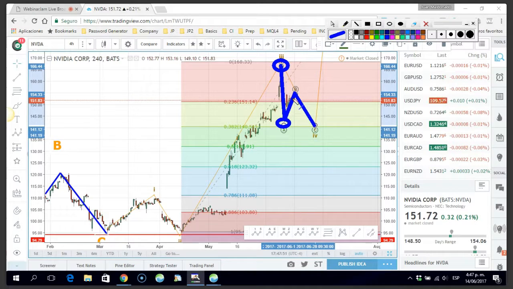So once we have the new leg down that is pending, because a corrective wave always is going to contain 3 waves inside. So that's the reason why we need to wait for the leg down before planning the bullish trade. So once we have the C wave for the wave 4, at that level, we are going to use the strategy to buy.